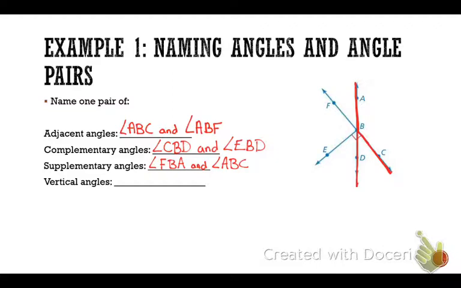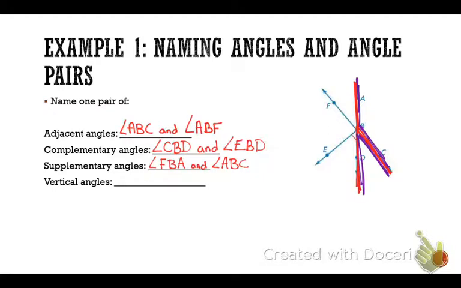CBD down here. So on ABD, let me change my color, ABC is one angle, and its supplementary angle is CBD. These angles would add up together to be 180. Just bear with me. I think when we start actually solving these, it's going to make a little bit more sense.